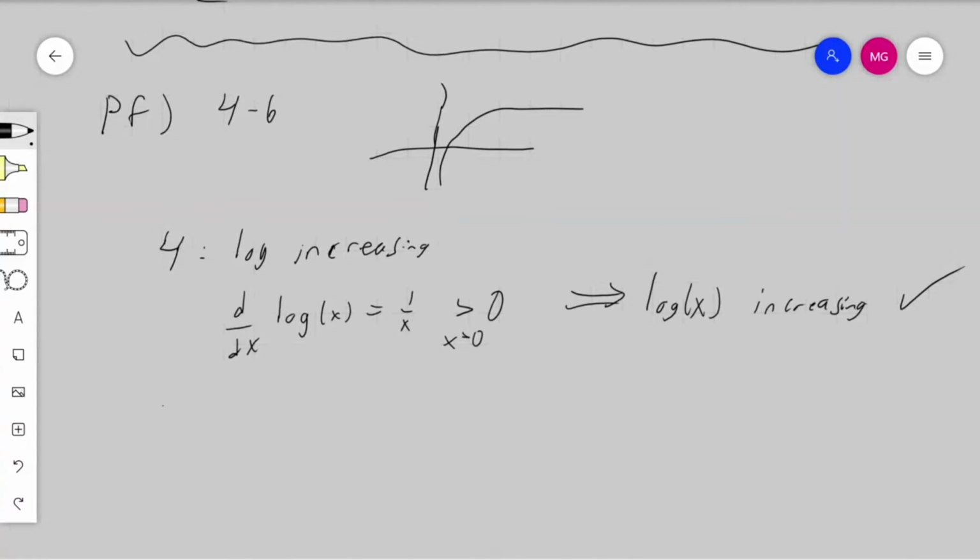Okay, now for number 5, it's saying that this behavior to the right here: as we let x grow arbitrarily large, the function is supposed to grow arbitrarily high. So x approaching infinity implies that log of x is also approaching infinity.